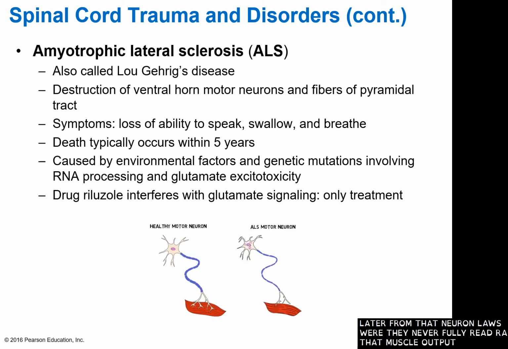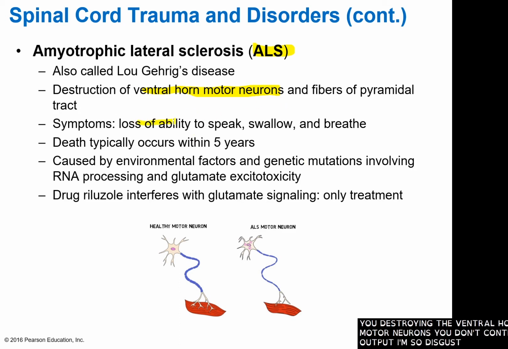And then ALS, or Lou Gehrig's disease, amyotrophic lateral sclerosis. So this is an autoimmune disease that causes destruction of the ventral horn motor neurons. So again, if you're destroying the ventral horn motor neurons, you don't control output.